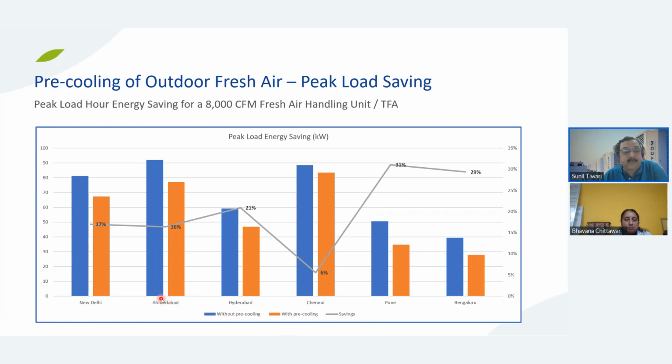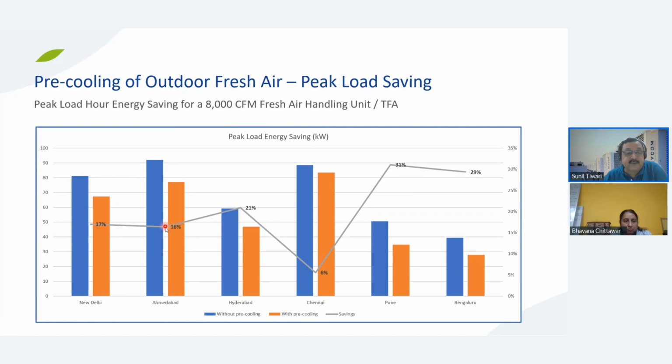Like for Ahmedabad, 8,000 CFM would have asked for around 90 to 93 kilowatts of power to cool this air to a supply temperature around 15 to 16 degrees centigrade. As against that, if we top it up with two-stage evaporative cooling before, treat it there and then put it into this FAHU, this can be brought down to around 74, 75 kilowatts.